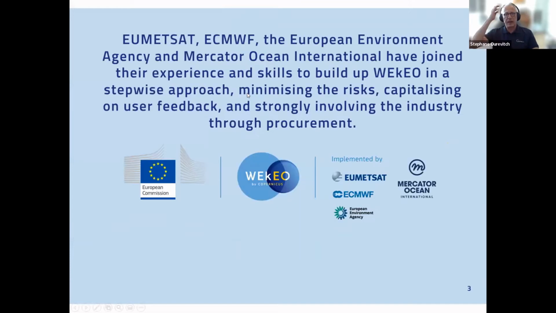Wekeo. What is Wekeo? Wekeo is a one-stop shop access point to Copernicus data and information, which was put together by 4 of the leading organizations actually implementing the Copernicus services: EUMETSAT, the European Organization for the Exploitation of Meteorological Satellites, the European Centre for Medium-Range Weather Forecasts, ECMWF, Mercator Océan International, and the European Environment Agency.